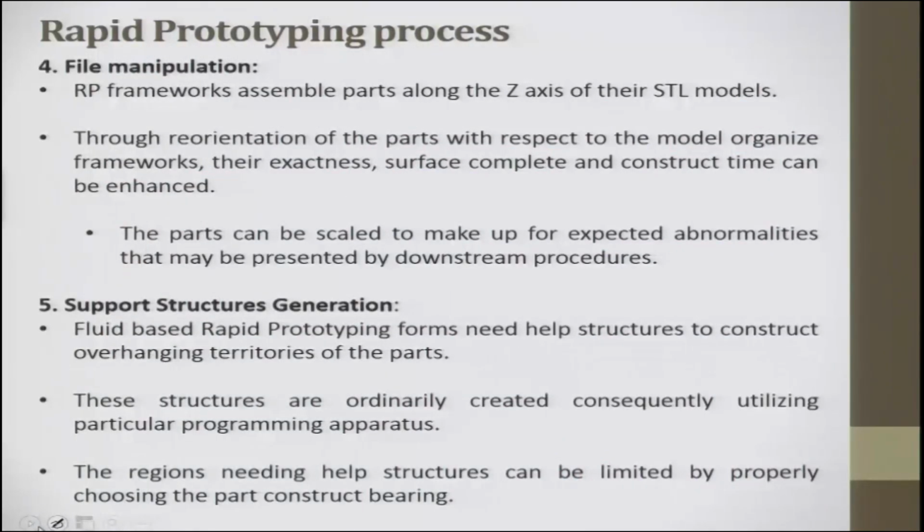Once the data validation and repair is done, then is file manipulation. Here manipulation means orientation and scaling. Now rapid prototyping frameworks assemble the part along the z axis of their STL model, and sometimes to manufacture the parts, the orientation has to be made different. So we have to see what support is required, what the hollow surfaces are, and what the positive and negative surfaces are.